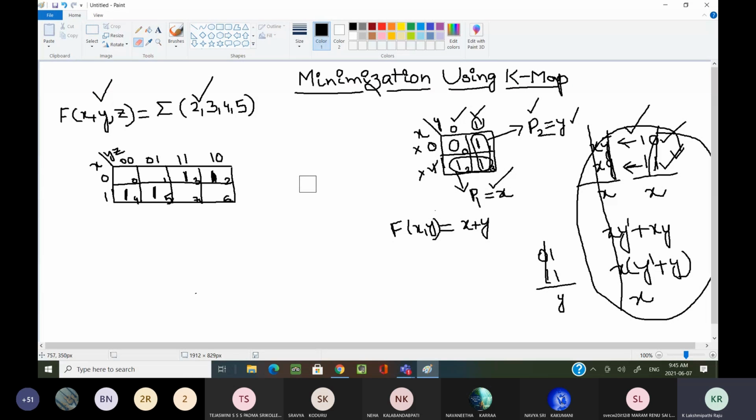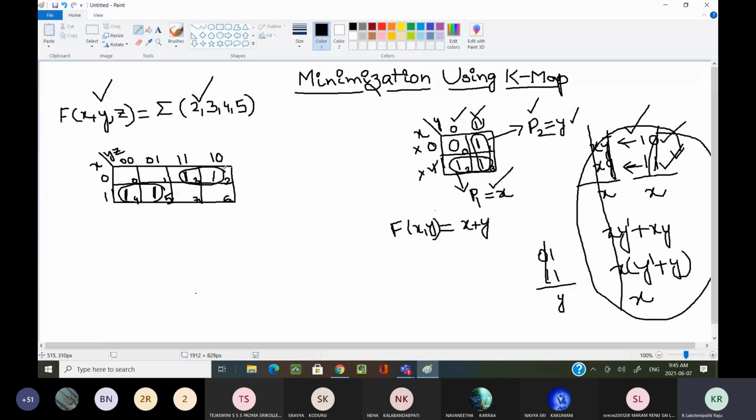I am writing the min term positions inside the map because these are the given min terms. Now after filling the ones, we have to group these min terms. Here I can form one pair, and here I can form another pair.